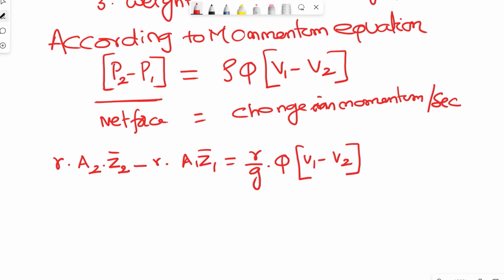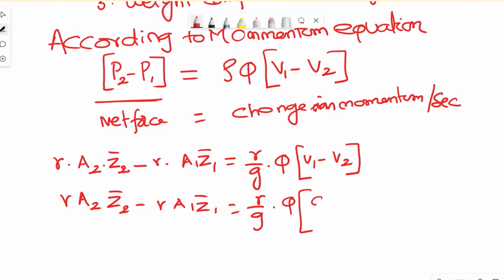Then if I expand it, gamma A2 Z2 bar minus gamma A1 Z1 bar is equal to gamma by g into Q into V, where V is Q by A1 minus Q by A2.